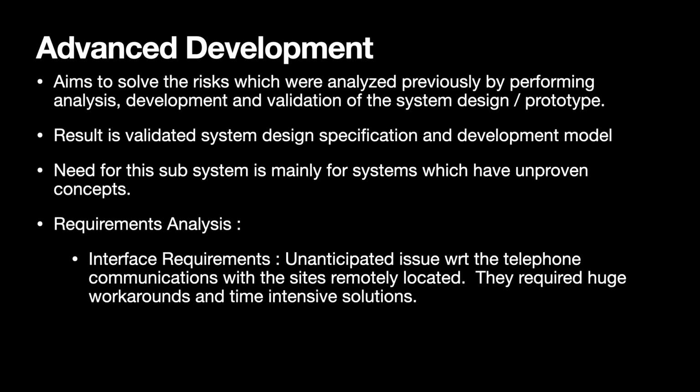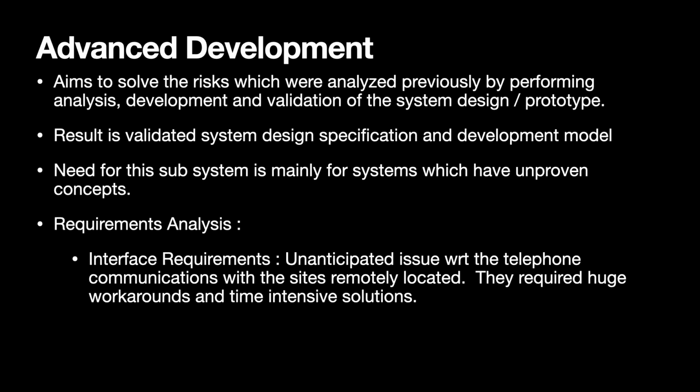Let's now look at the advanced development substage. This substage aims to solve the risks associated with the system which were analyzed in the previous stage by performing analysis, development, and validation of the system design, which forms the basis for the full scale engineering process. The result of this substage is a validated system design specification and a development model.